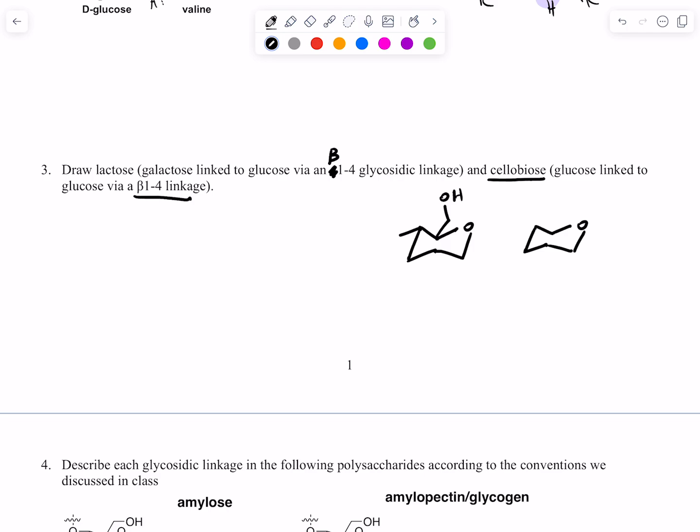The thing that's not going to change, if you know that everything's glucose, is the configurations of C5, C4, C3, and C2. So I'm supposed to link C1 of glucose with the C4 hydroxyl via what kind of linkage? Beta. So that's going to be up axial or down equatorial?